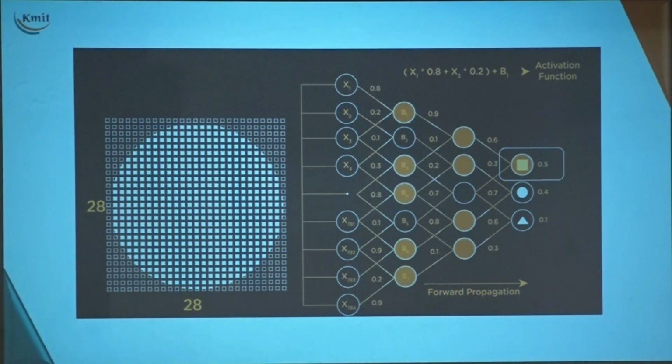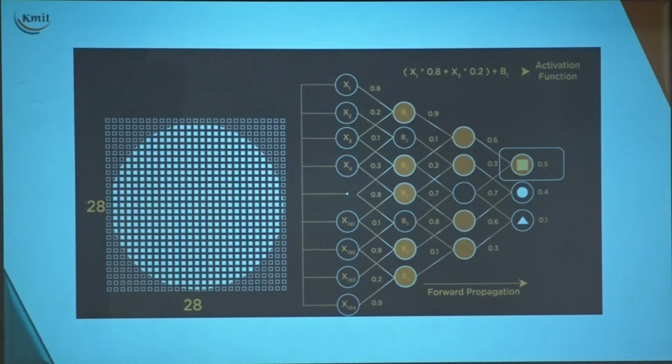Now look at that. The input image is a circle. But what is the output that is given? Square. Now look at the values in the output: 0.5, 0.4, 0.1.